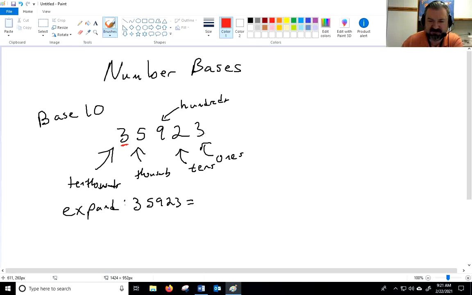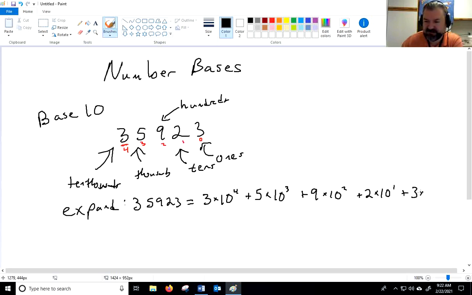So I say, that's 0, 1, 2, 3, and that's 4. So this number here, 35923, is 3 times 10 to the 4th power plus 5 times 10 to the 3rd power plus 9 times 10 to the 2nd power plus 2 times 10 to the 1st power plus 3 times 10 to the 0 power.